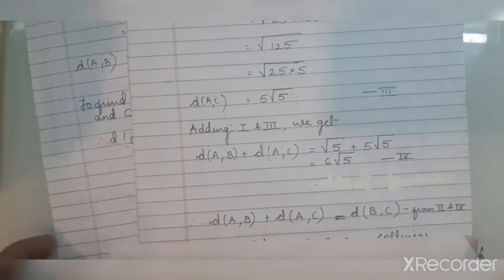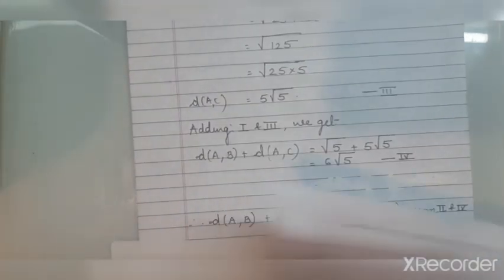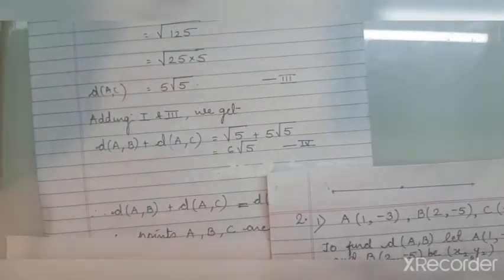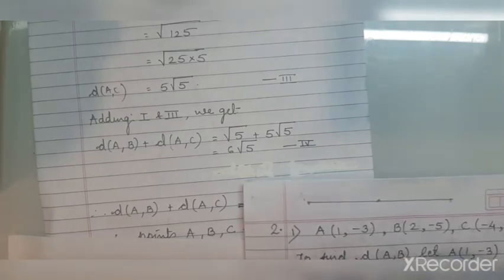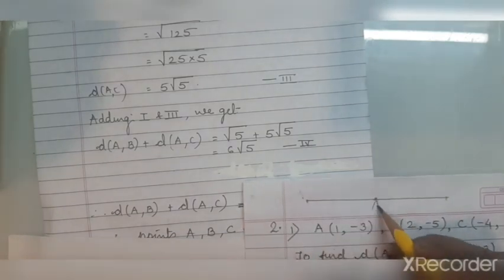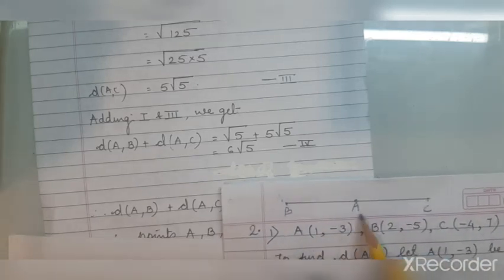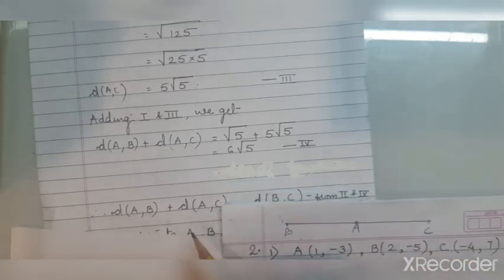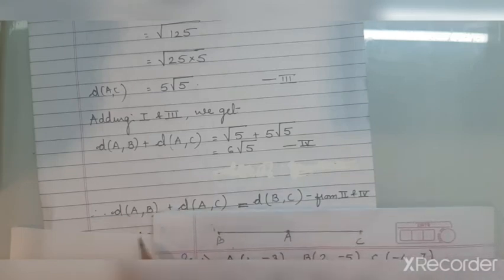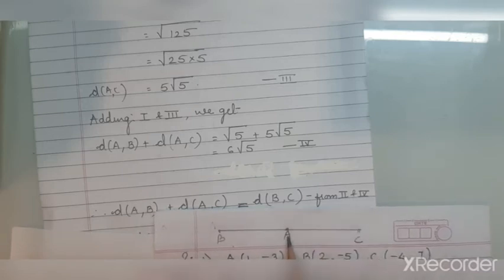That means here in the segment which I had drawn, I can show you that A is common. If we add AB and AC, I have taken A in the center because A is common. So if we add AB and AC, we get BC, that is 6.